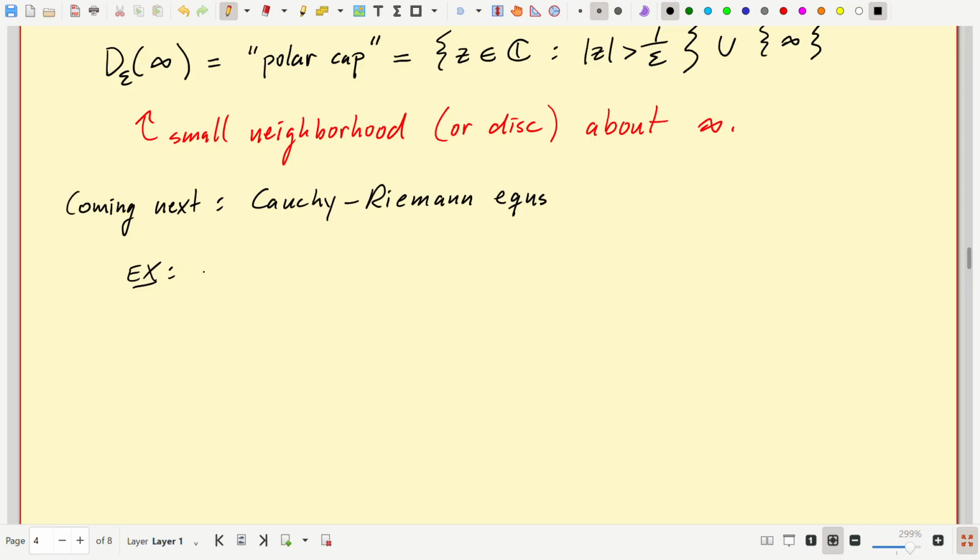The difference quotient for z squared was z squared minus a squared over z minus a, which equals z plus a when you factor it and do the usual thing from freshman calculus. And as z tends to a, that tends to 2a.